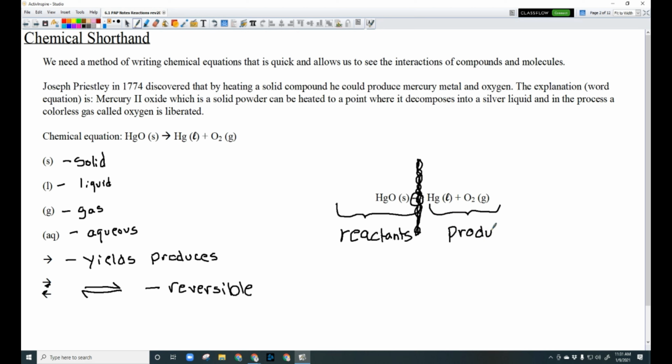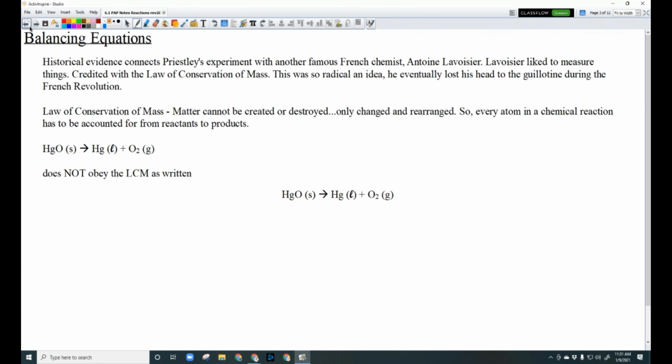So these are just some vocabulary words that you're going to see thrown around. So you need to know what it's referring to when we are working with these chemical reactions. Okay, so that's your chemical shorthand. And that's how we write chemical equations.